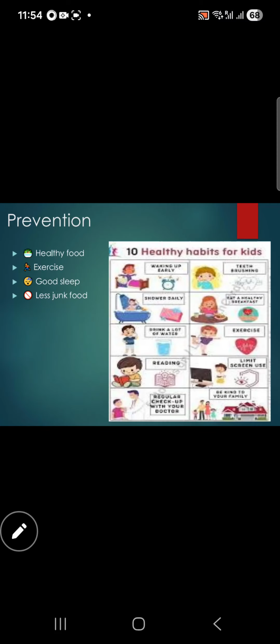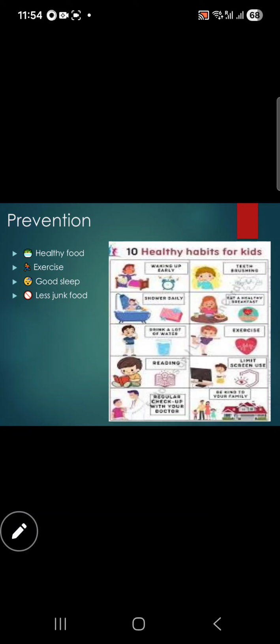Prevention. How can we prevent these diseases? Healthy food, exercise, good sleep, less junk food. We follow healthy habits for a long life: waking up early in the morning, brushing teeth two times, day and night before sleeping, showering daily, eating a healthy breakfast, drinking a lot of water, exercise, reading, and limiting screen use.